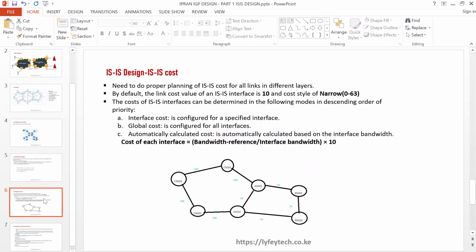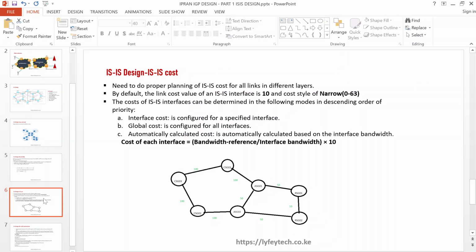If you have, for example, a low capacity link, then you need to do manual cost configuration to ensure that ISIS doesn't choose these as the best route, because if it uses it and it is a low capacity route, then there will be congestion. So you need to do proper planning of cost in your entire network so that you can achieve optimal routing of traffic.